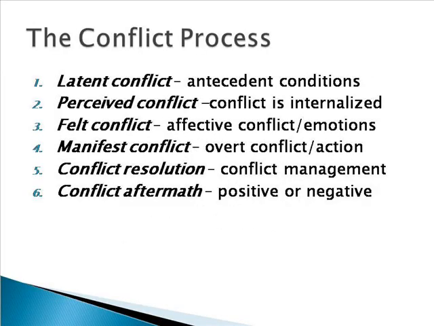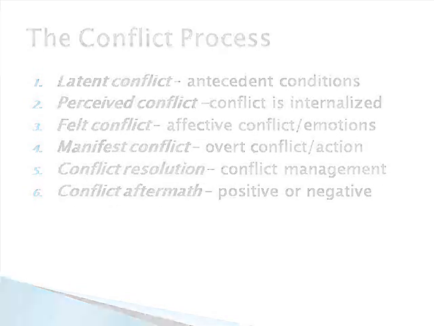Conflict process: latent conflict, the antecedent conditions; perceived conflict, where conflict is internalized; felt conflict, the affective conflict or the emotions; manifest conflict, the overt conflict or the actions; conflict resolution, or conflict management; and conflict aftermath, when the outcome can be positive or negative.